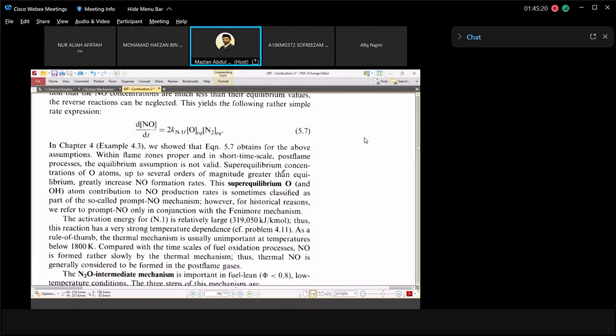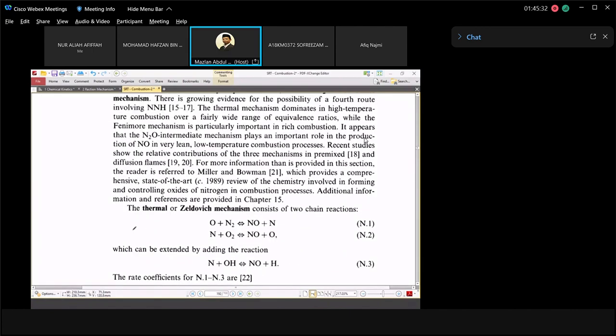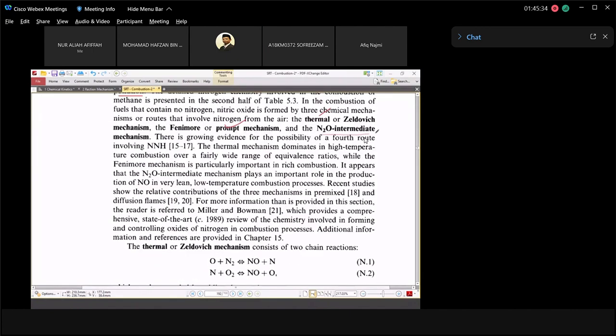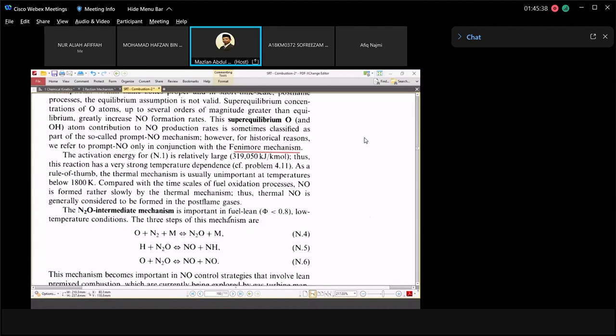Then the other one is the N2O mechanism, the N2O intermediate mechanism. This is important in fuel-lean conditions.